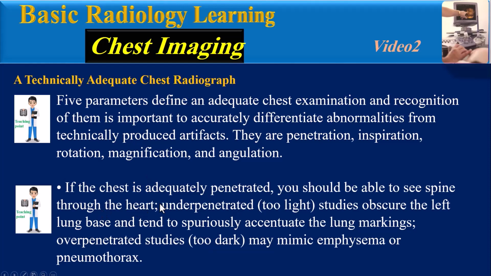If the chest is adequately penetrated, you should be able to see the spine through the heart. Under-penetrated or too light studies obscure the left lung base and tend to spuriously accentuate the lung markings. Over-penetrated studies, meaning too dark images, may mimic emphysema or pneumothorax.